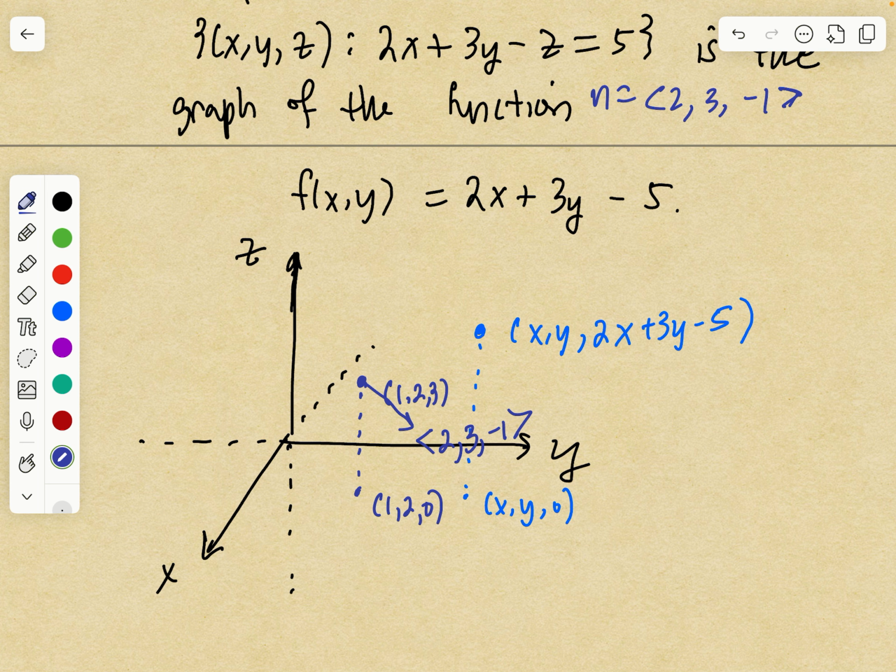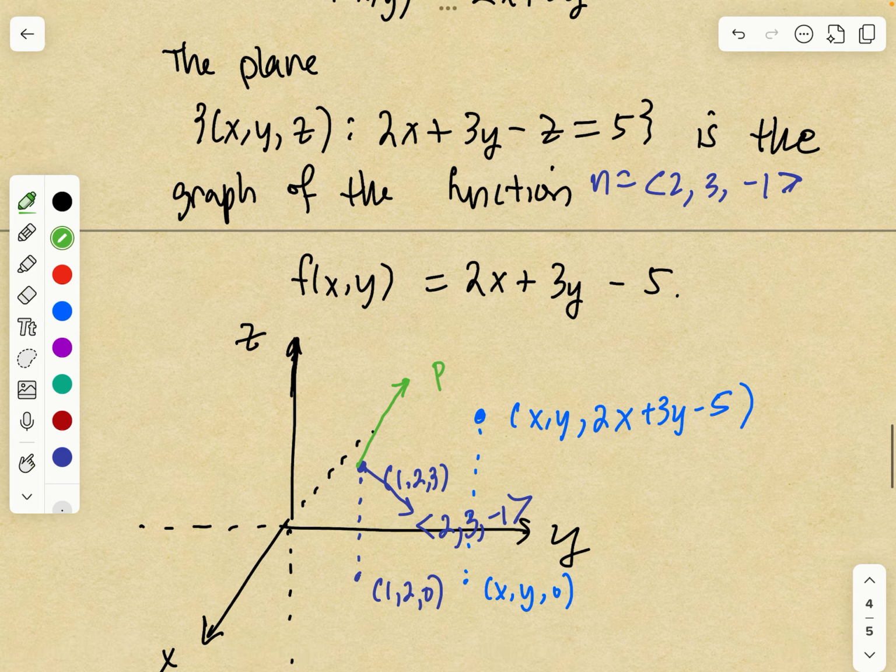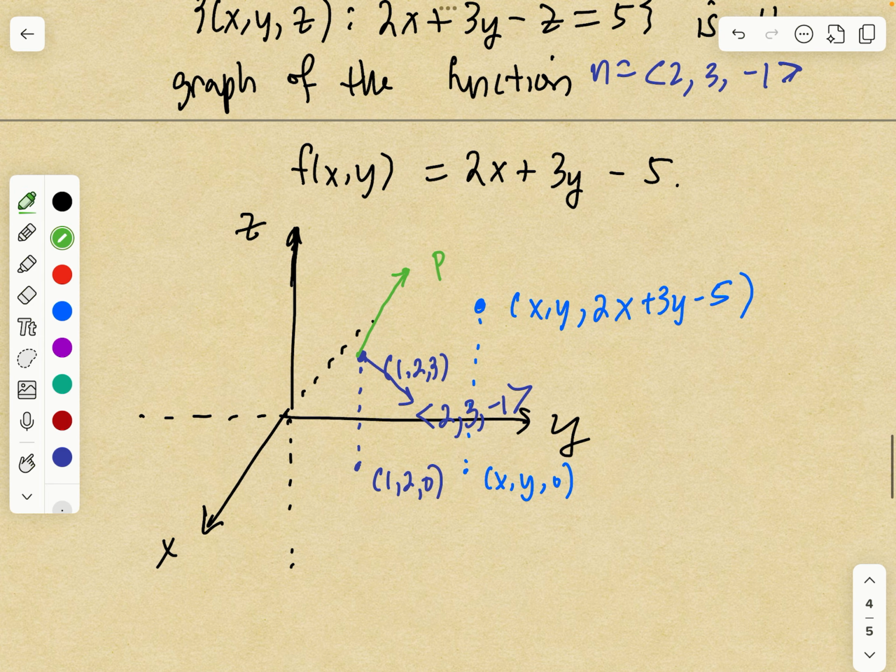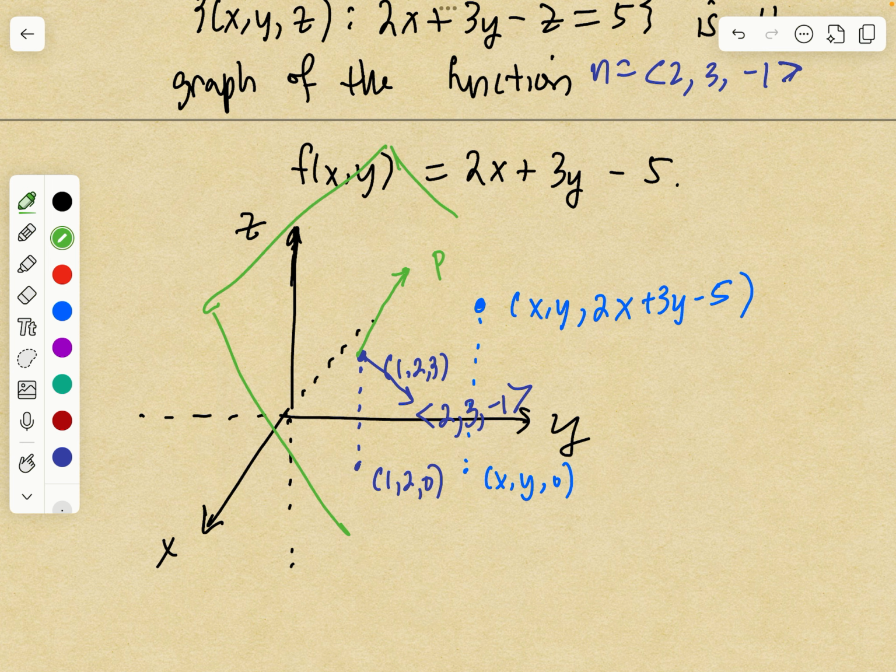And then I have all the points such that when you take the difference between this point and 1, 2, 3, so if I take a point like here and look at this vector, it looks like it's perpendicular to this normal vector. If you take all the points with that property, you're going to get a plane like this.